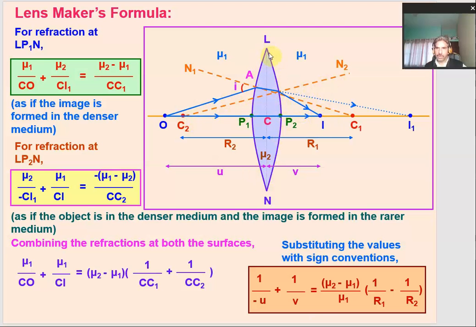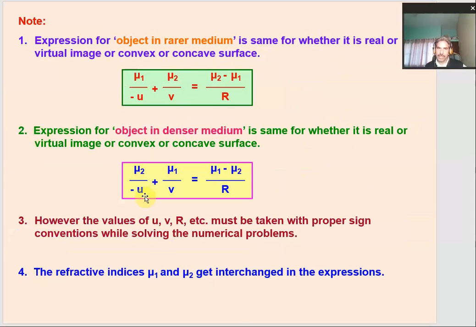Now for this surface, the light ray is coming from the denser medium. So therefore we can say that the object will be lying in the denser medium and its final image is formed at point I, which is in the rarer medium. So for that situation we have a second result just as this.